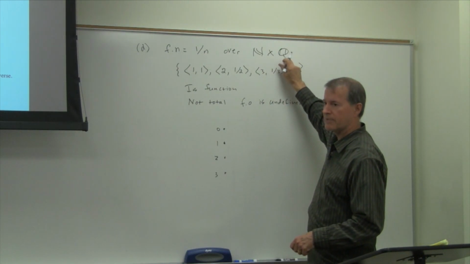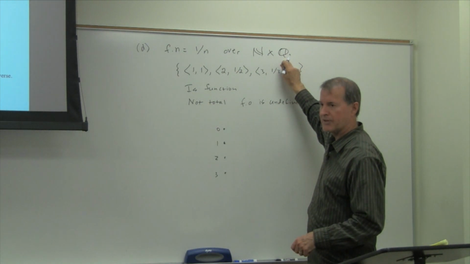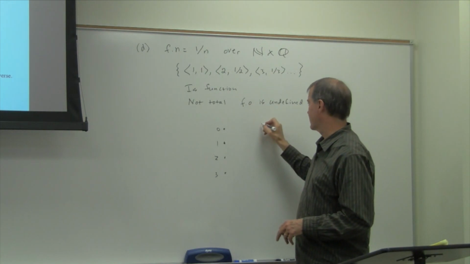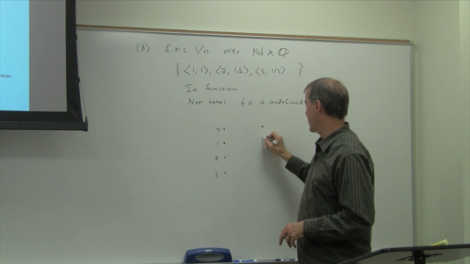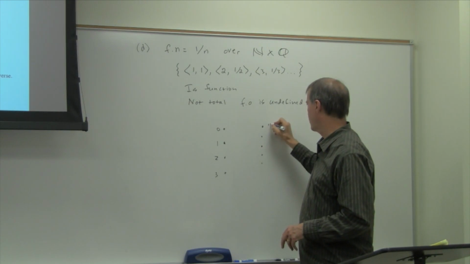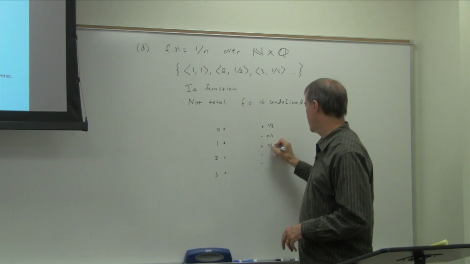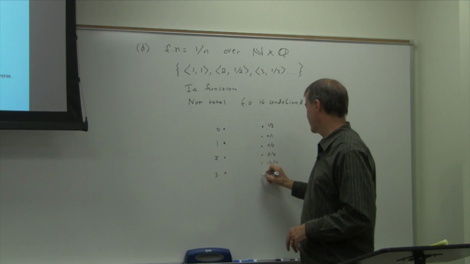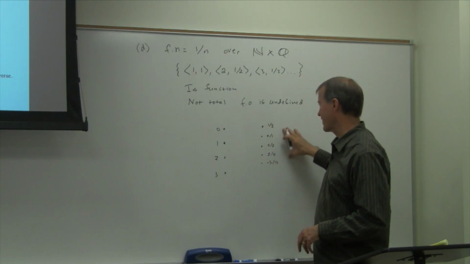What is the definition of a rational number? i over j for i, j integers. So you'd have a very large set: 1/2, 0 over 1, 0 over 2, 2 over 4, -3 over 16, a whole bunch of things like this.